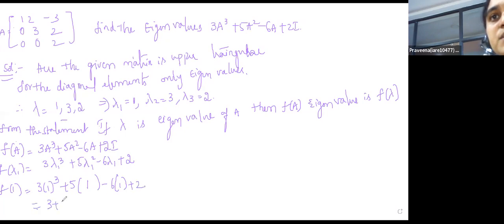That is 3 plus 5 minus 6 plus 2. The final answer is 8 minus 6 plus 2, that is 4. That is the first eigenvalue for the given polynomial.